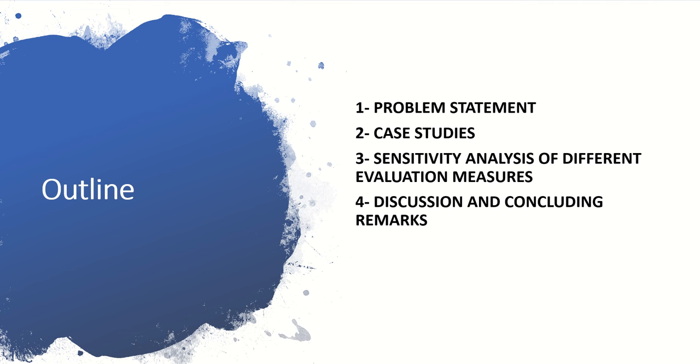Second, I will be presenting the case studies that we choose to conduct our research, followed by a sensitivity analysis of different evaluation measures. I will be concluding by a discussion and some remarks.